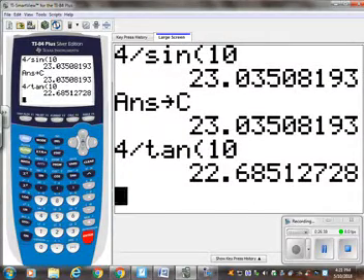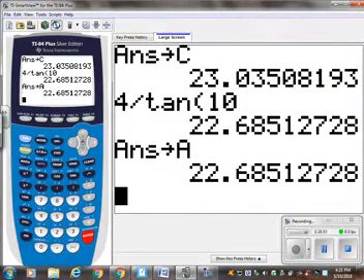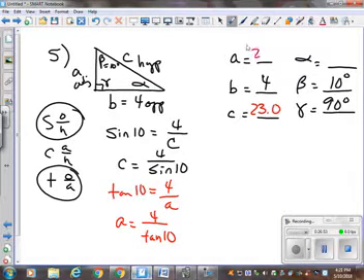That rounds off to 22.7, stored in alpha A. Okay, let's write that answer down. 22.7. And now we're going to look at doing cosine from beta. The cosine of 10 is adjacent A over hypotenuse C.